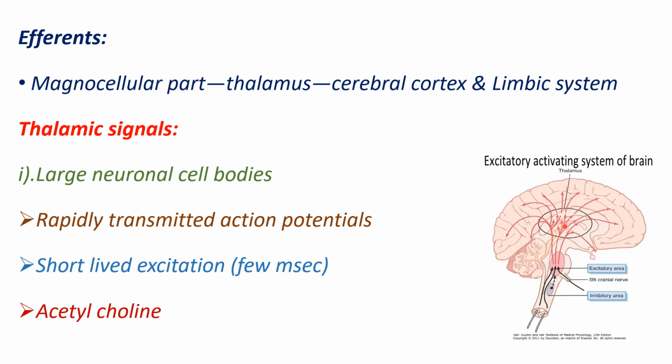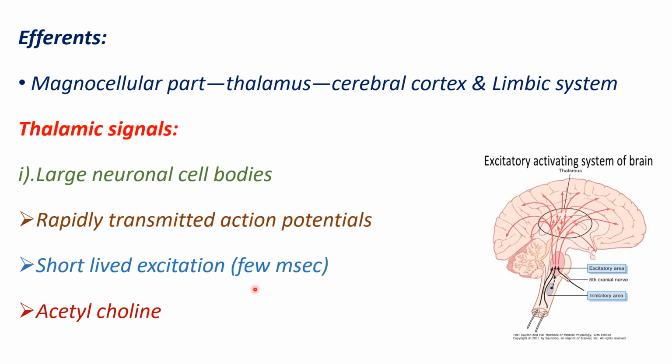Now talking about the thalamic signals, the signals which pass by the thalamus are of two types. The first type is rapidly transmitted action potentials that excite the cerebrum for only a few milliseconds.